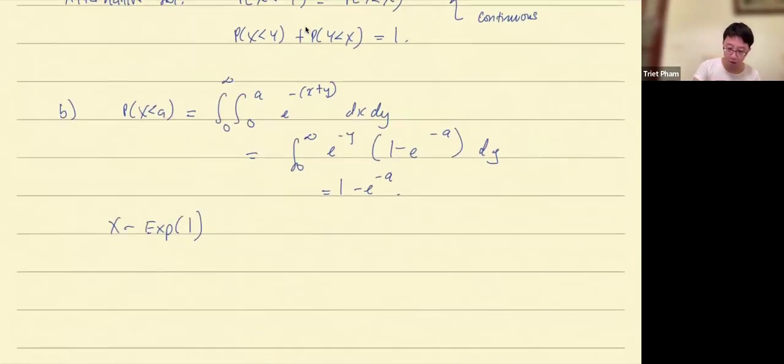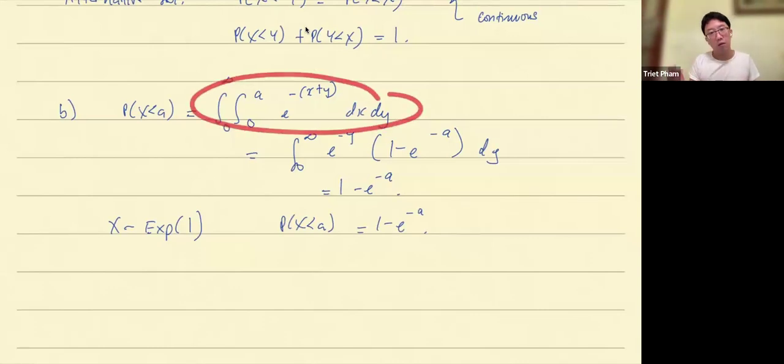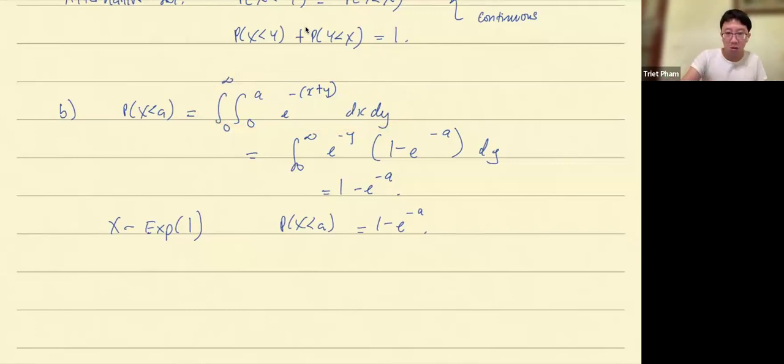Therefore, probability X < a comes directly from the knowledge of the CDF of an exponential 1. What I'm trying to say is the double integral calculation is repeated work that we can skip if we recognize something going on. Any question?